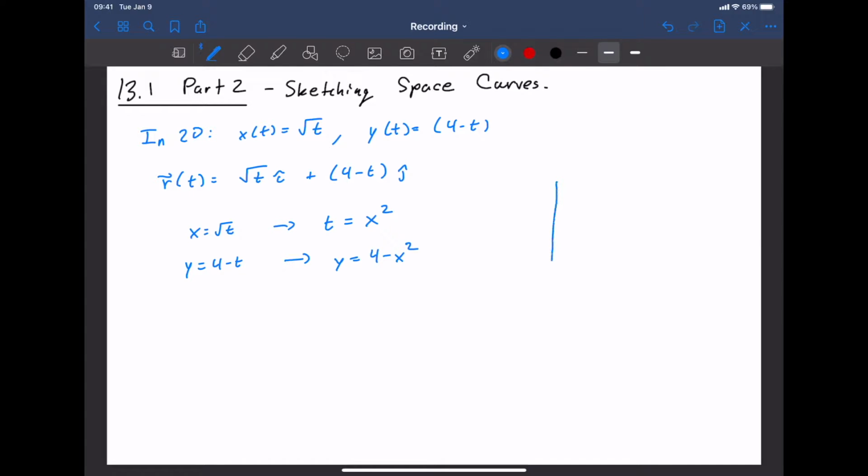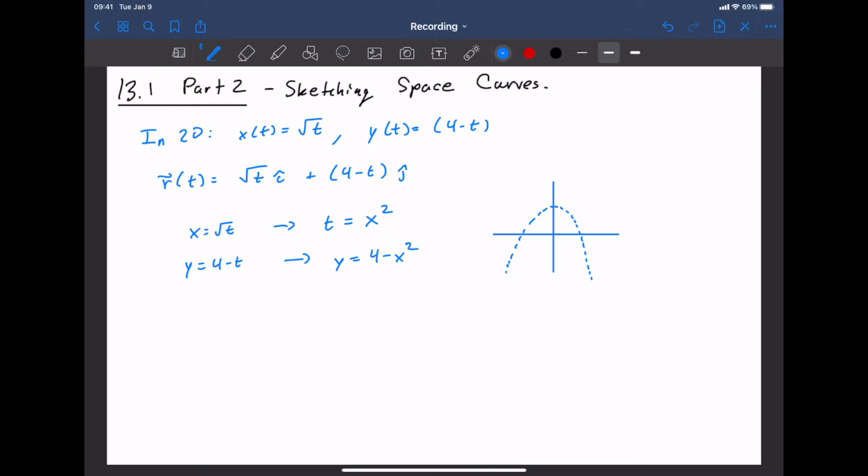What sort of function is 4 minus x squared? It's a parabola that opens down with certain intercepts. This is probably not to scale, but it's a pretty good parabola for a dashed line.